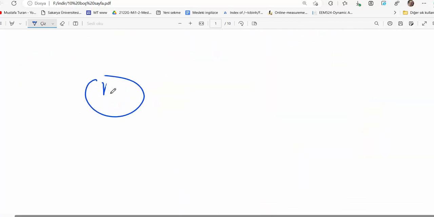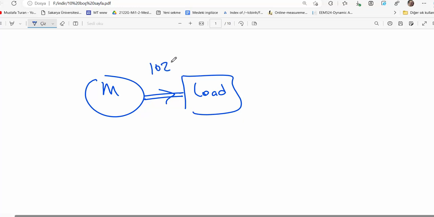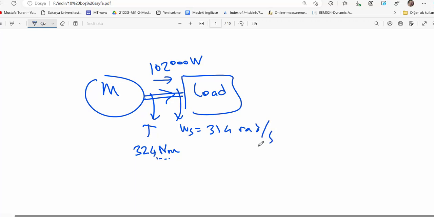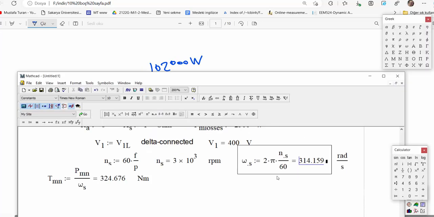Here's a motor, here's the shaft, here is the mechanical load, and this motor is delivering 102 kilowatts, or watts, of mechanical output power, and here is some torque having a value of 324 Newton meters, and here's an angular speed.